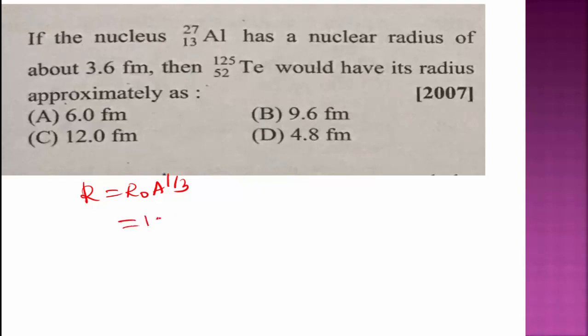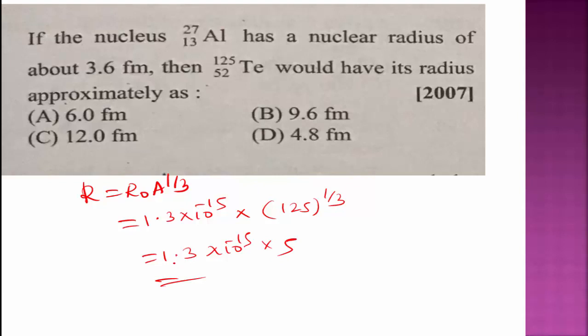That is 1.3 into 10 to the power of minus 15 into the A value, that is 125, whole to the power of 1 by 3. Here 1.3 into 10 to the power of minus 15 into 5, 5 into 1 is 5, 5 into 3 is 15. It is nearly about the answer 6.0 into 10 to the power of minus 15. Option A is the right answer.